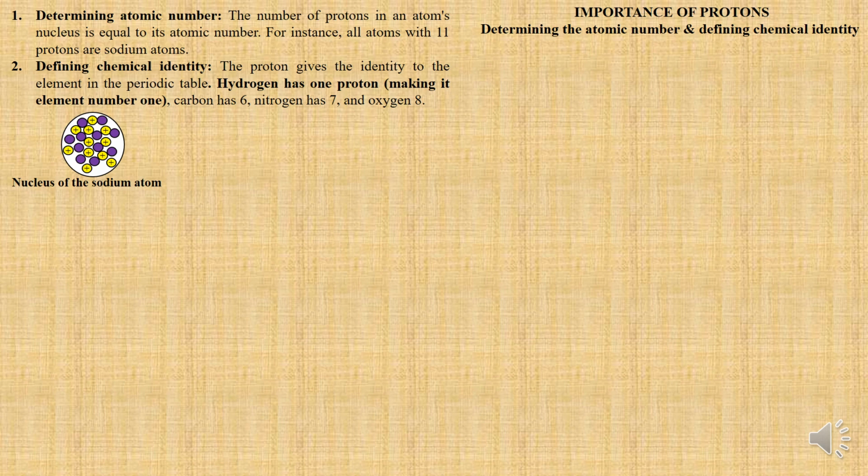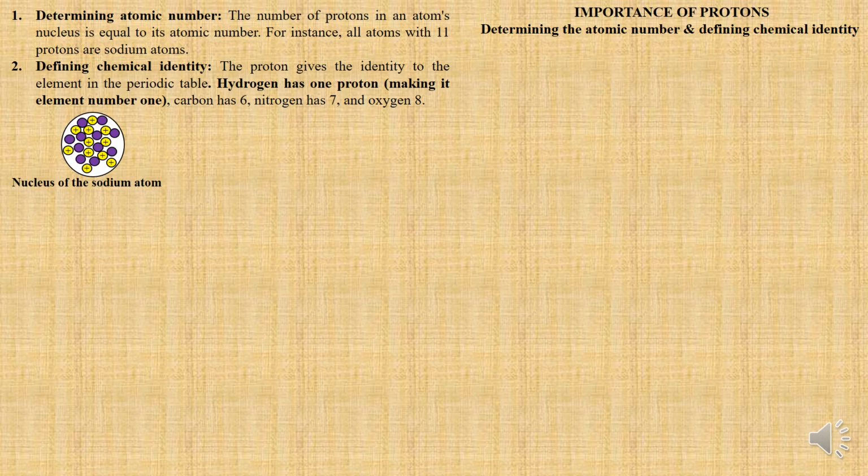Now, second important role played by proton is that it is helpful in defining the chemical identity of the element. Now, the proton gives the identity to the element in the periodic table. Now, for example, hydrogen has one proton because its atomic number is 1, making it the first element in the periodic table.